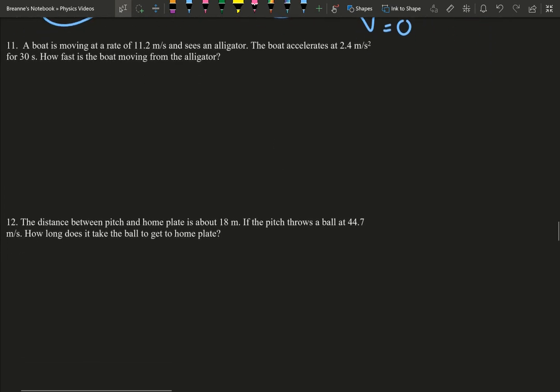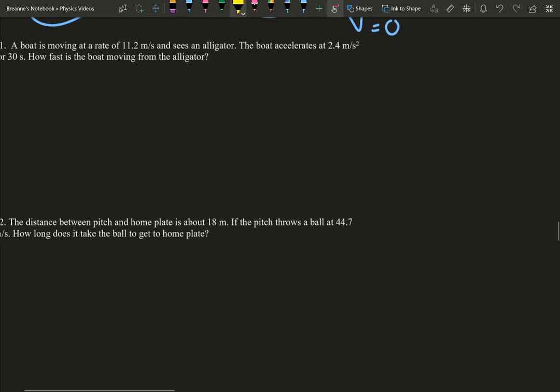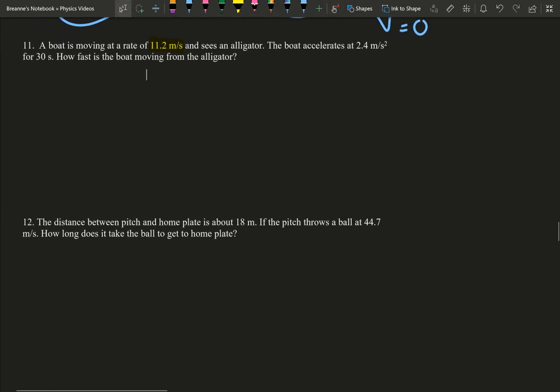So a boat is moving at a rate of 11.2 meters per second and sees an alligator. The boat accelerates at 2.4 meters per second squared for 30 seconds. How fast are you moving away from the alligator? So let's write out our givens.